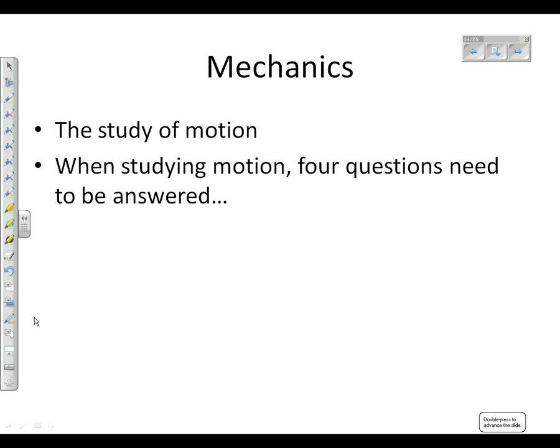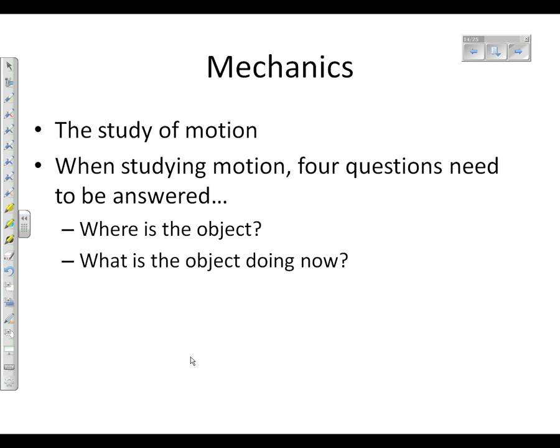So we talked about the study of motion. 4 questions. Yesterday, we answered the first question. Where is the object? We talked about where is it right now versus where is it in a moving situation. The second question that we want to look at is, what is that object doing right now?